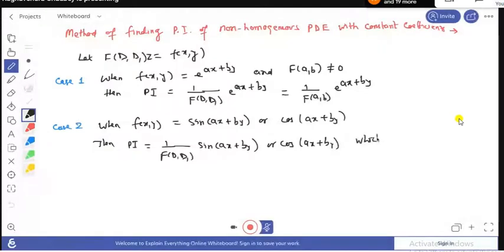So this is calculated or evaluated by putting, as you know, D square equals minus a square as usual in ordinary differential equation, and D1 square equals, here this one more thing, D1.